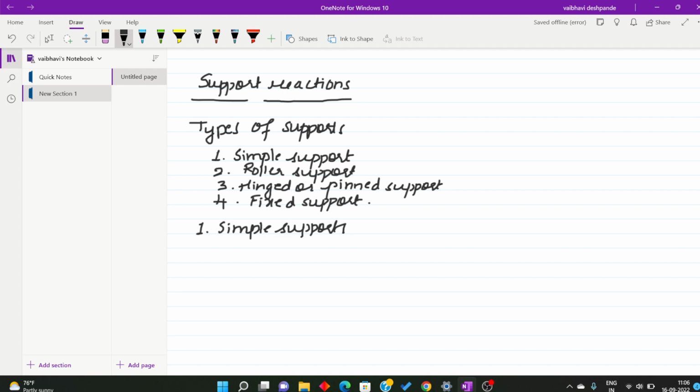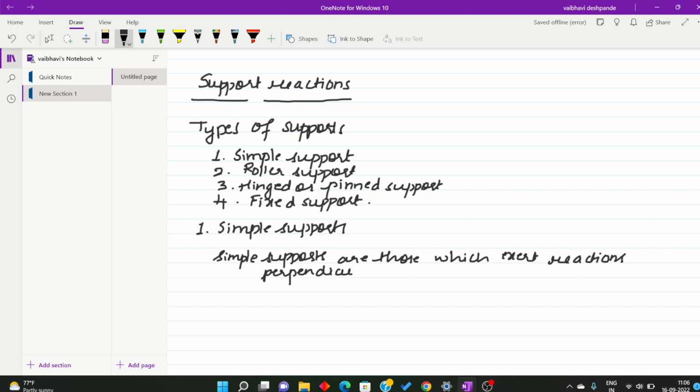They restrict the translation of body in one direction only.